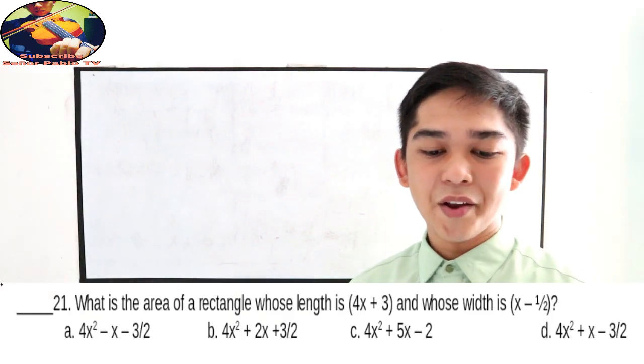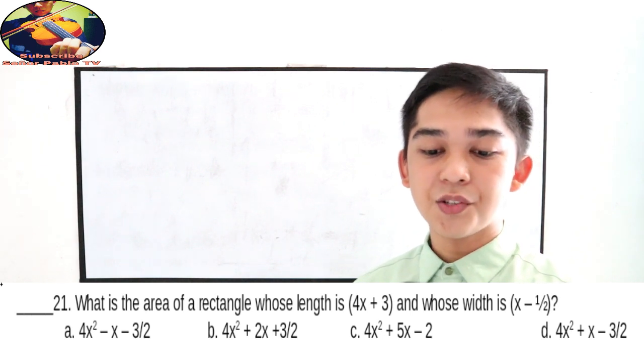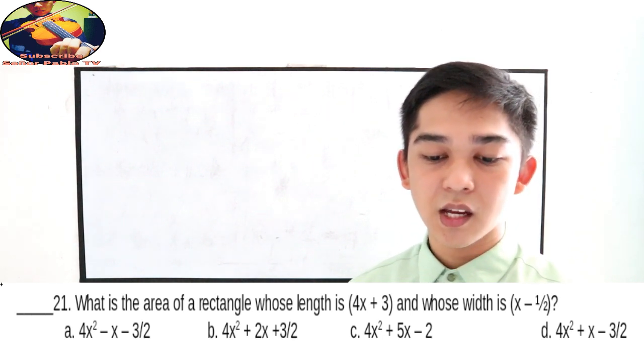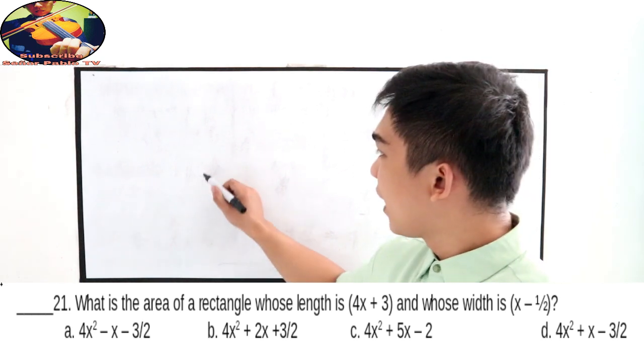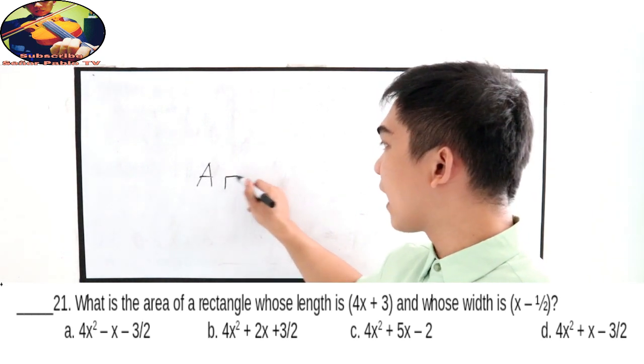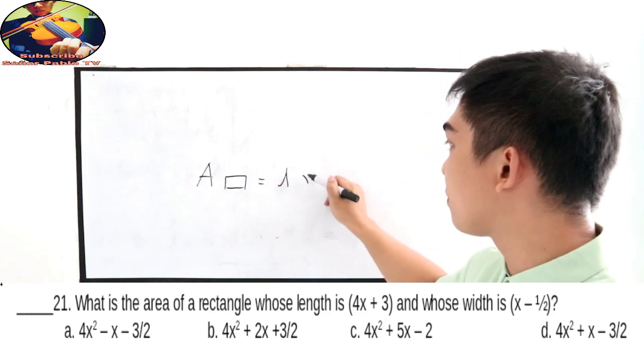Number 21, what is the area of a rectangle whose length is 4x plus 3 and whose width is x minus 1/2? Area of a rectangle, ang formula natin is length times the width.